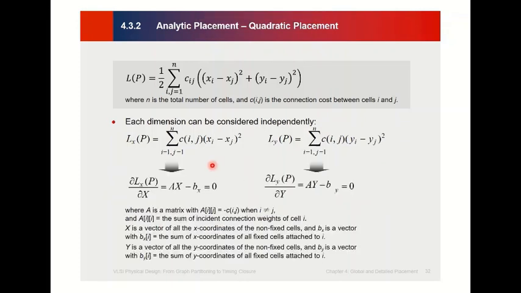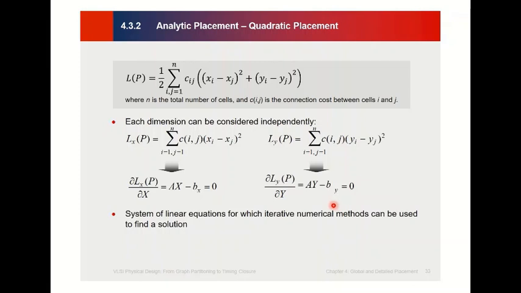More specifically, we can solve it. Okay, so in the end, we have the solution in the form of Ax minus bx equal to 0 for x direction, and Ay minus by equal to 0. So we can solve this to obtain x and y coordinates. This solution consists of a system of linear equations, so we can solve to find x and y locations.